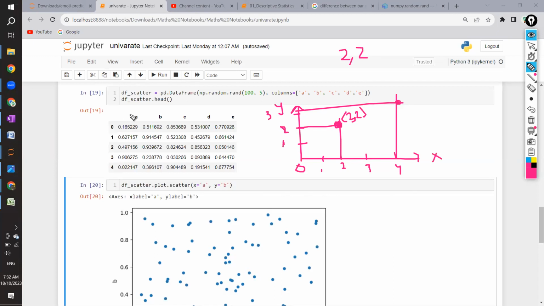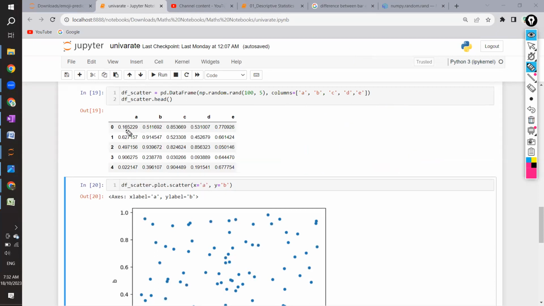Similarly here, if you are considering x equal to A and y equal to B, that means column A and column B. Column A has 100 values and column B has 100 values. To plot each point, each point should have two coordinates, one from A and one from B. Internally it converts all this into pairs. The first pair is 0.16 comma 0.511, the first value from A and the first value from B. The second pair is 0.6 comma 0.9.